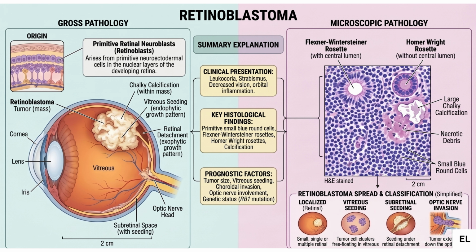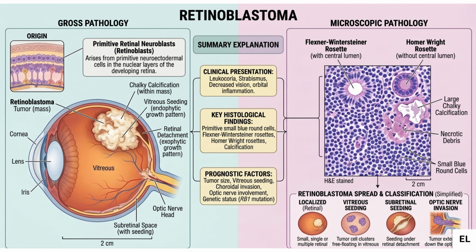One of the most important microscopic features is the presence of Flexner-Wintersteiner rosettes. These structures consist of tumor cells arranged around a central lumen and represent retinal differentiation. The presence of Flexner-Wintersteiner rosettes is considered highly characteristic of retinoblastoma and is an important diagnostic clue for pathologists.